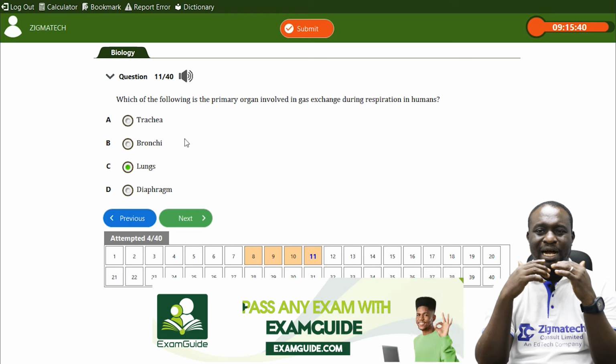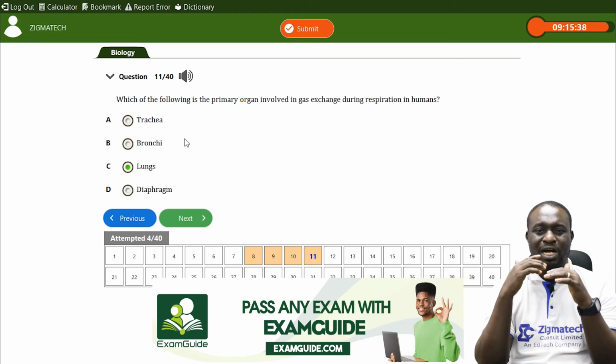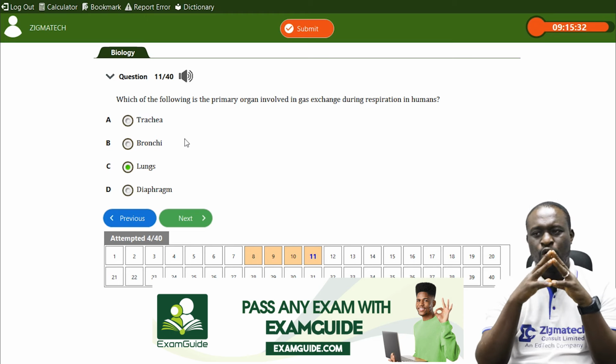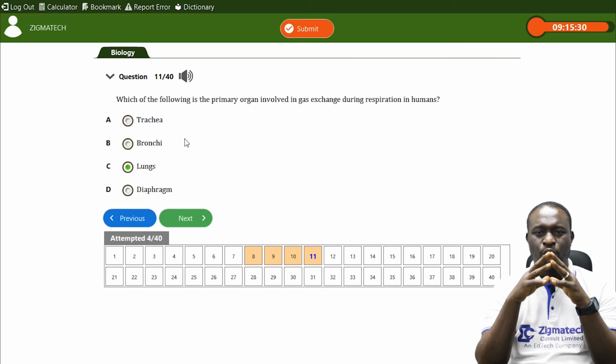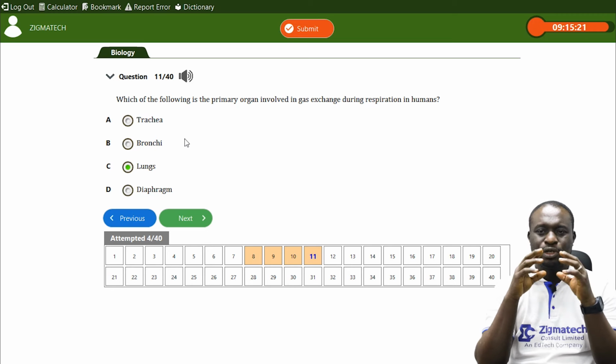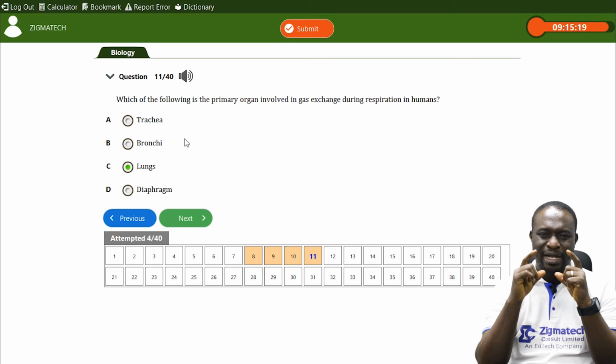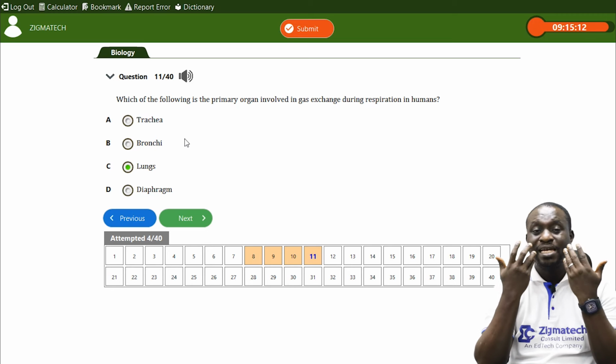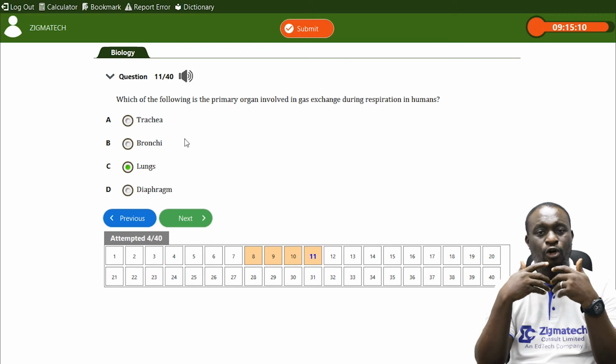Now, what are the actual organs involved in gaseous exchange? Option A says trachea, option B says bronchi, option C says the lungs, and option D says diaphragm. Option A is not the correct answer. The trachea, also known as the windpipe, is a passage for air.